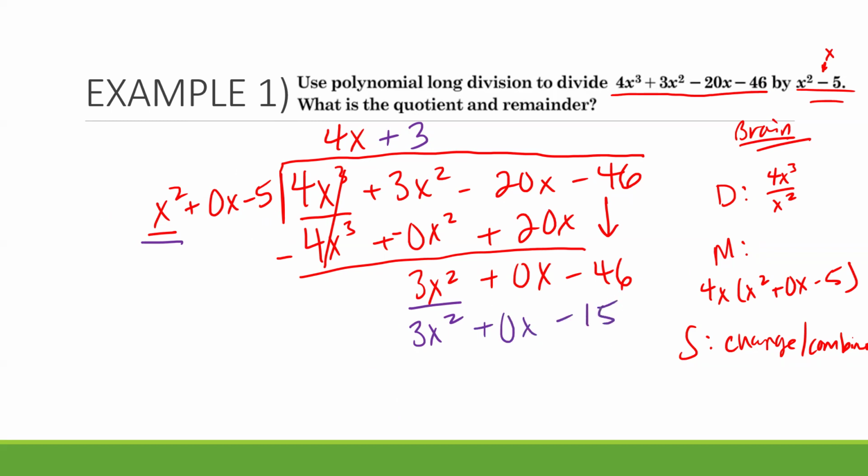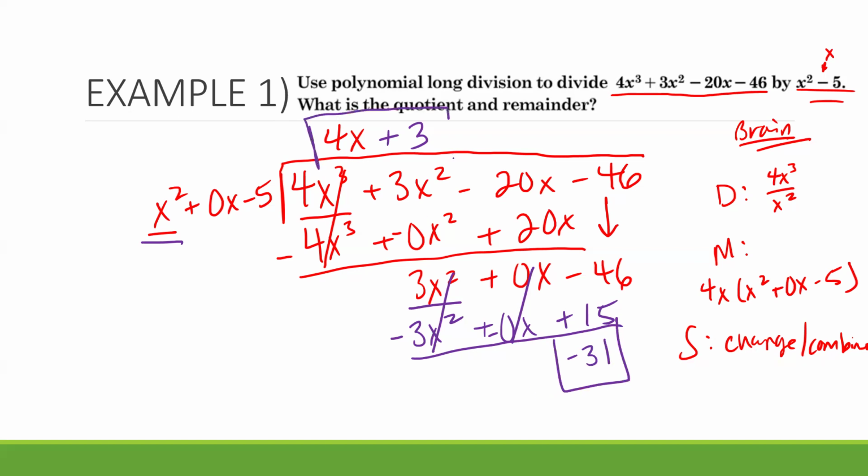Negative 15. After we multiply, we subtract, which means we're going to change and combine. Change, combine, change, combine. And we're left with negative 31.